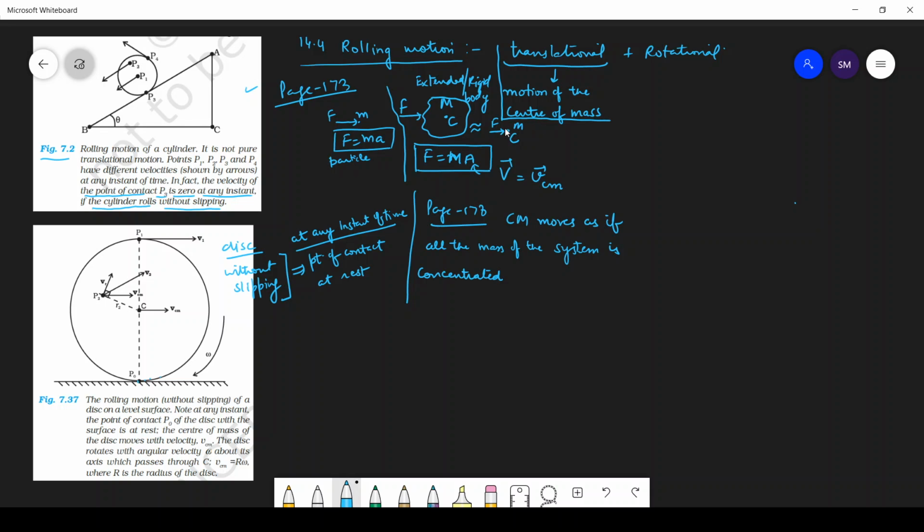like I've shown you here in this figure. This extended body is equivalent to, if force is applied on it, you can assume that the whole force is applied on the center of mass, and you will be studying the motion of the center of mass only.